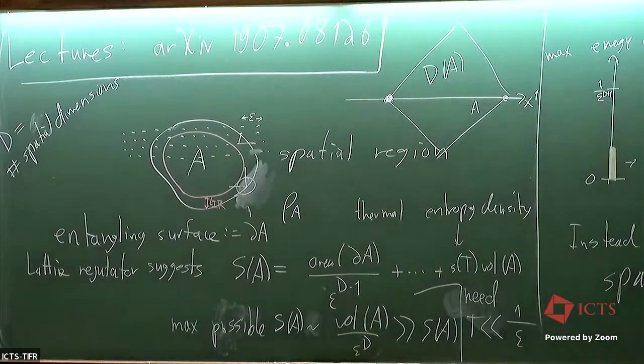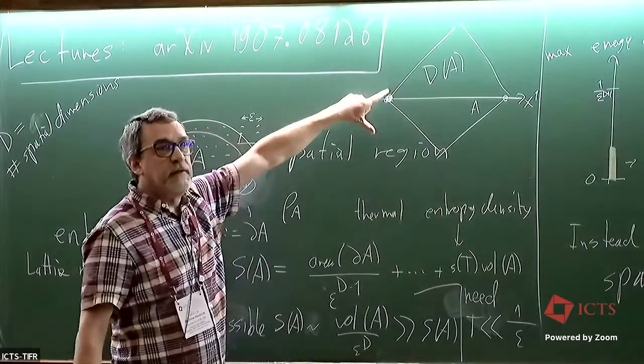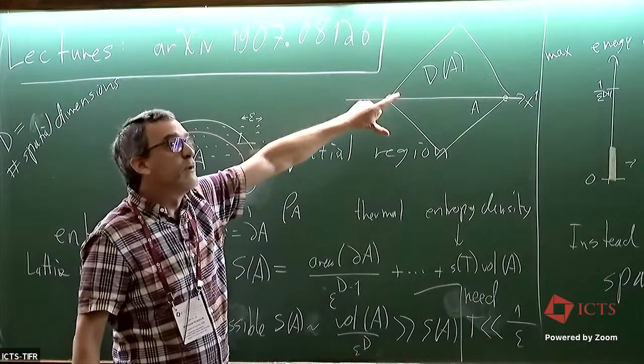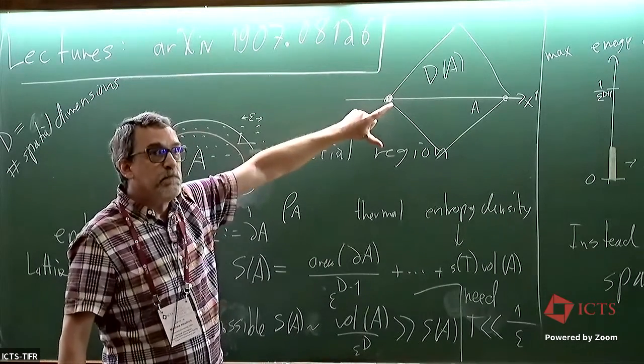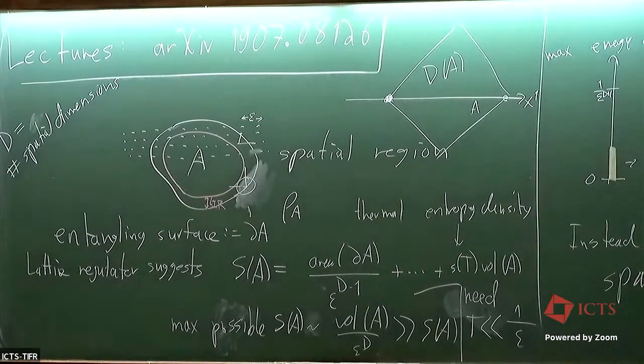So as long as you zoom in, the causal domain of A looks just like Rindler space. And the entanglement entropy is just the entropy of Rindler space. I want to emphasize it's a real physical entropy.